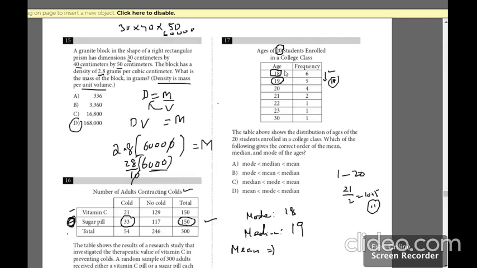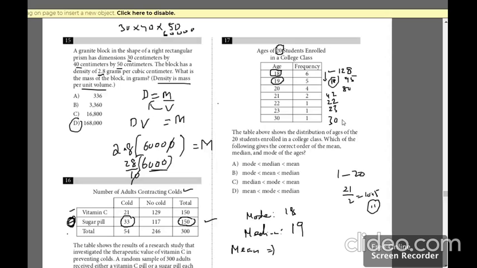Now to move on to the mean: since the observation x and the frequency are given, you need to multiply each. 30 times 1 is 30, 22 times 1 is 22, 21 times 2 is 42, 20 times 4 is 80, 19 times 5 is 95, and 18 times 6 is 108.